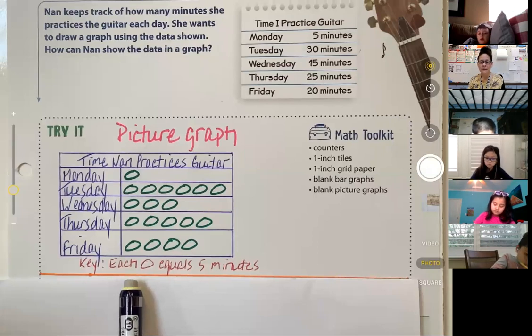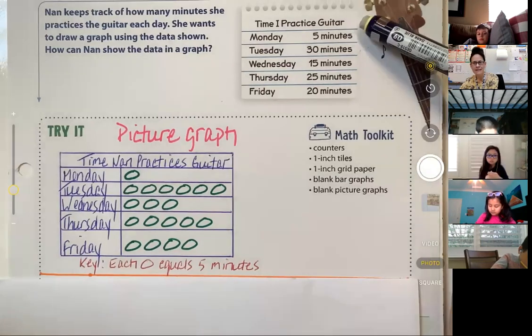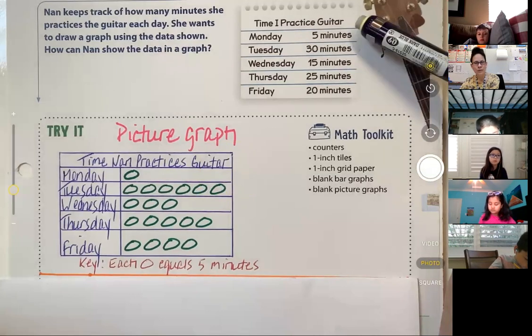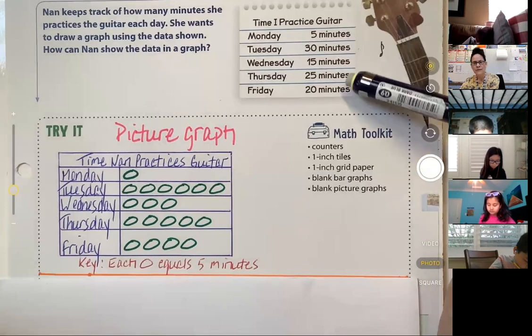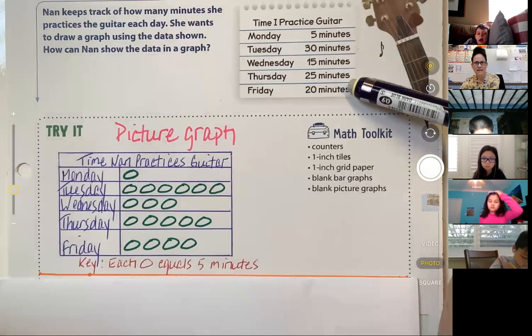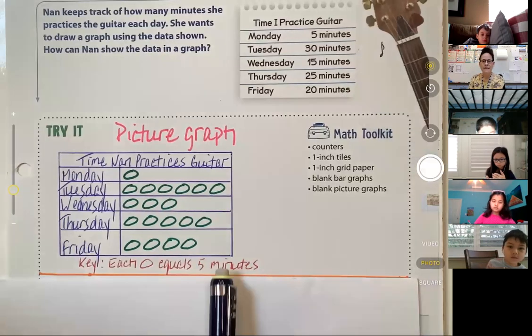The reason I picked 5 minutes, friends, is because when I look back at Nan's notes, I can see that her minute increments are multiples of 5. And that's where multiplication facts come in, friends. So 5 minutes makes sense. So 5 minutes it is.